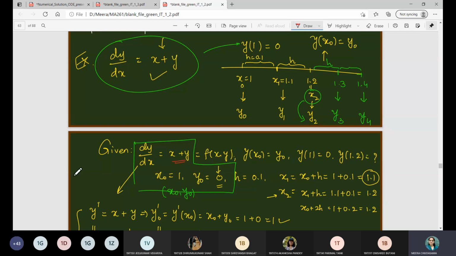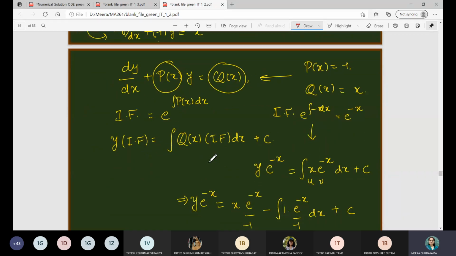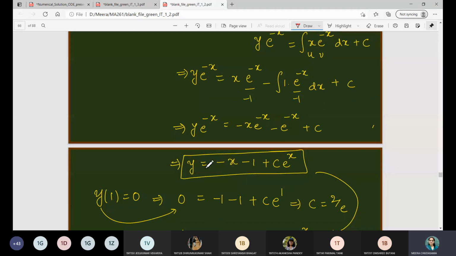Here we are having y of 0 is equal to 1, means x0 is 0 and y0 is 1, right? But the general solution will remain the same. If we consider the analytical solution, that will remain the same, but when we compute the constant C from the initial condition, at that time it will differ.